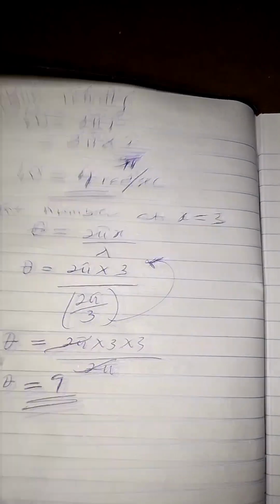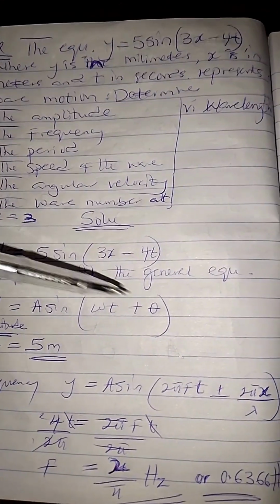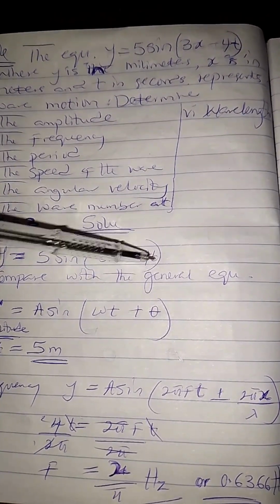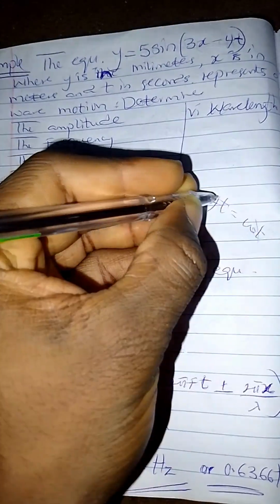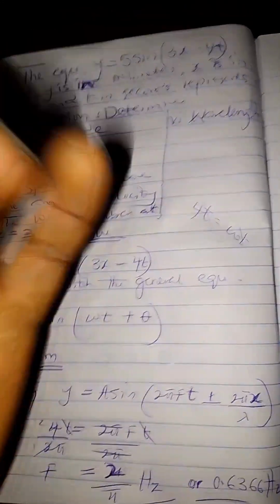Now if you note what is going on here, if you compare it with the general equation, where you have 4t, you have omega t. If you say 4t equals omega t, t cancels out t, omega equals 4. Are you seeing that now? Just compare. That's how easy wave equation is.